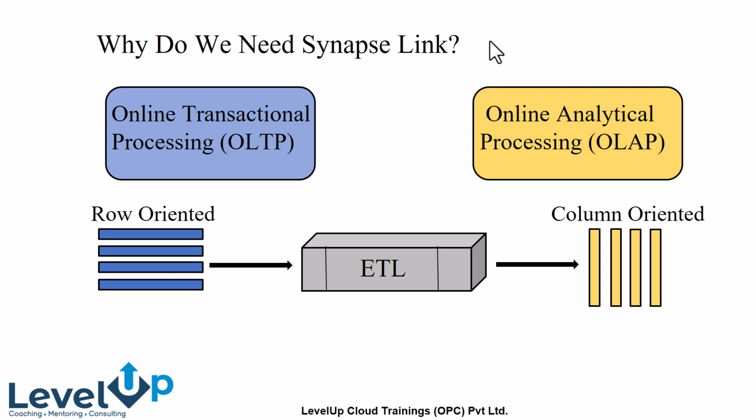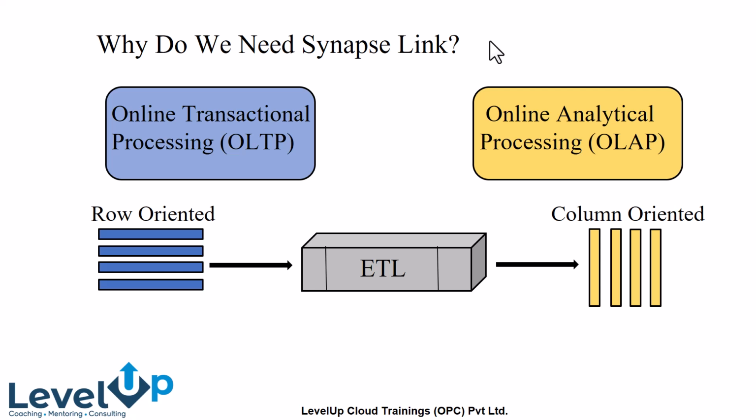Because these two systems have different use cases, the OLTP systems are stored in formats suitable for individual transactions, and optimized for transactional reads and writes. One example of OLTP, or online transactional processing, could be your Cosmos DB.